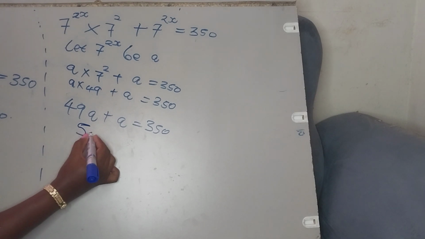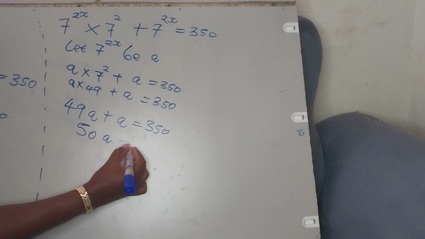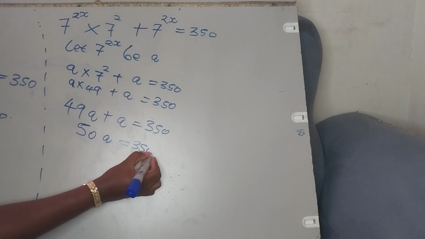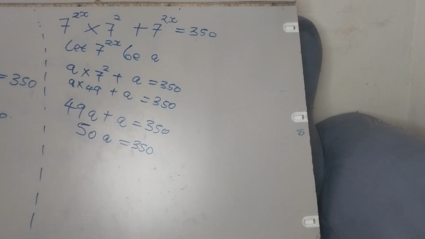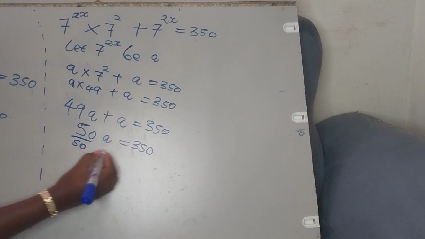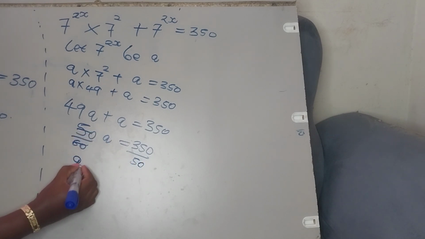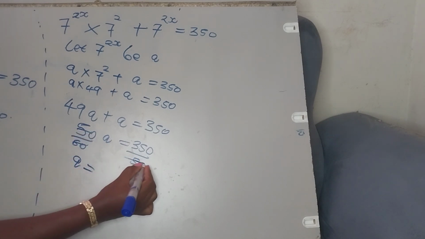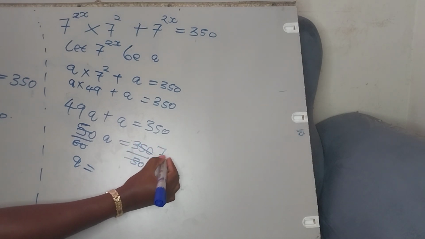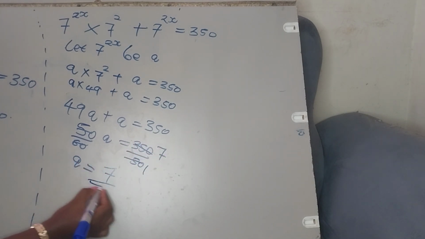But assume that your mangoes were replaced with the unknown A, giving us 350. What is the value of A? We simply divide both sides by 50. So A gives us 7.